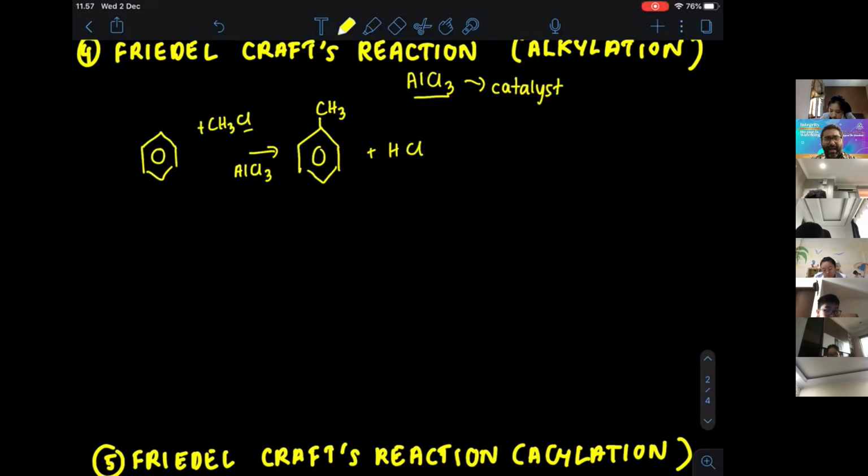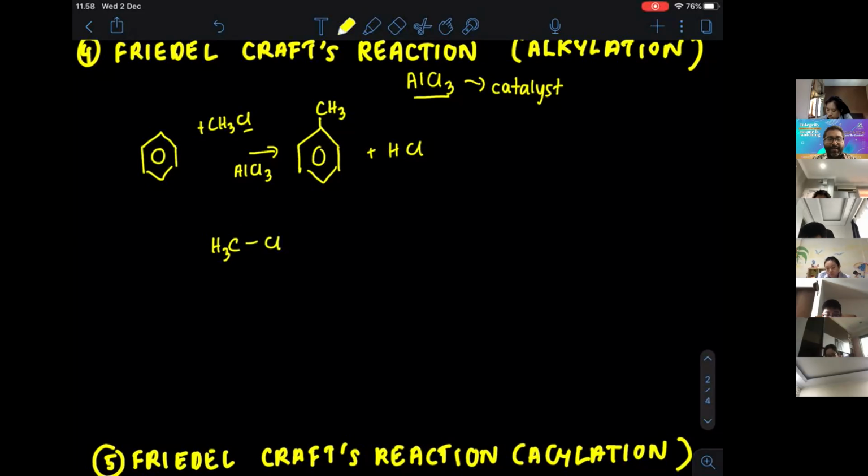So if they ask you to write down the mechanism of this reaction, we need to write it down. Now, this is going to be totally different from the polarization that we have learned previously. Here, if you have CH3Cl, I put CH3 bonded with the Cl.